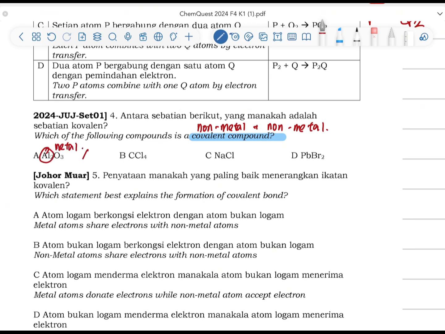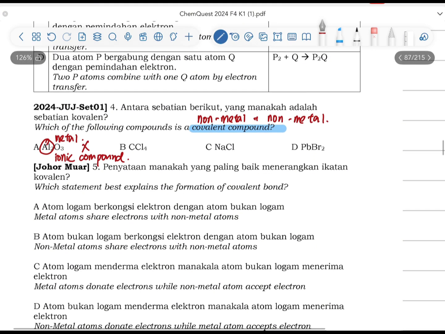So it will not be a covalent compound, and it forms an ionic compound. For the next one, C is carbon, and chlorine is a halogen. So this is a combination of one non-metal with another non-metal. So this is a covalent compound. So the answer is B.